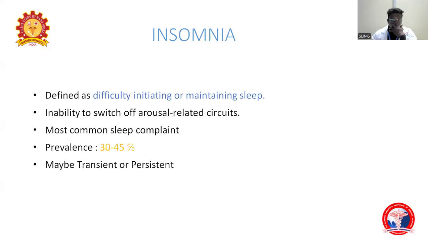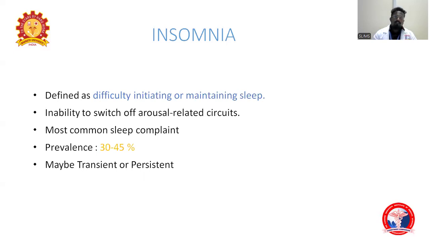So now we talk about insomnia. What is insomnia? Insomnia is defined as difficulty in initiating or maintaining sleep. That is usually called insomnia. It is an inability to switch off arousal related circuits. The most common complaint from patients is, I am having insomnia, I have sleep disturbance.